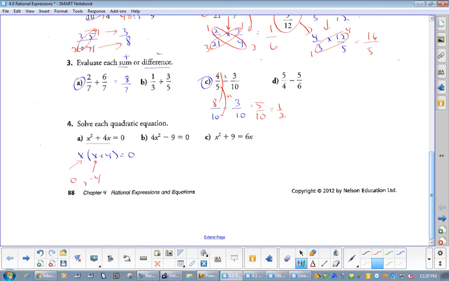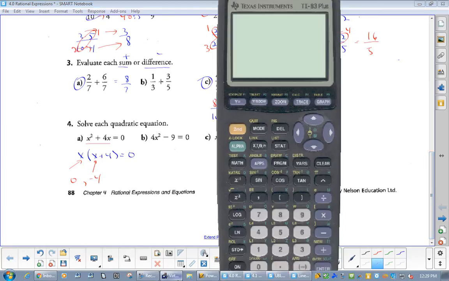Okay, now, how do you prove that on a calculator? Well, you go like this. Go into y, and go x squared plus 4x. Now, where the graph goes through the x-axis is your answers. See? Negative 4 and 0. Okay?